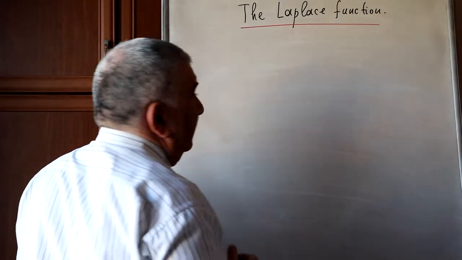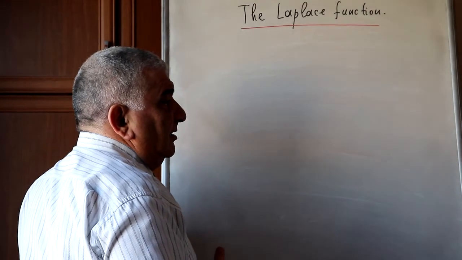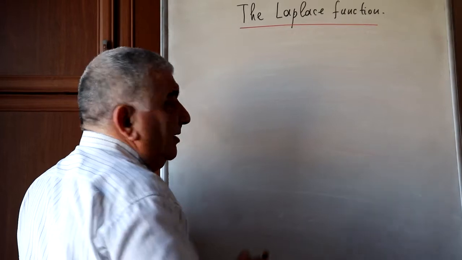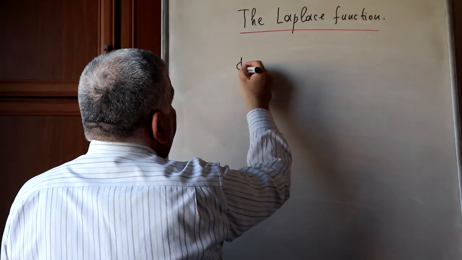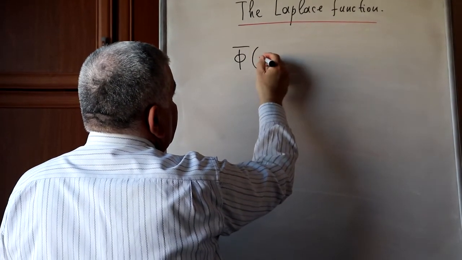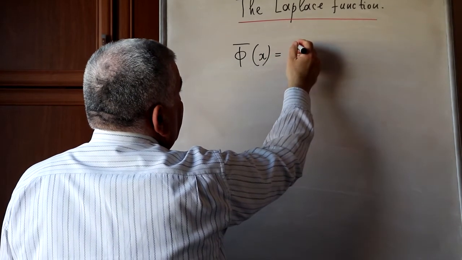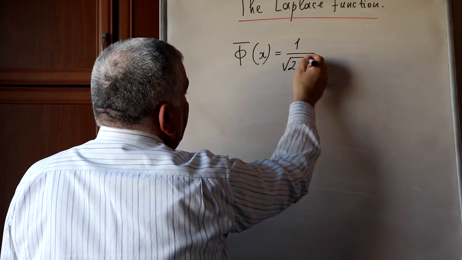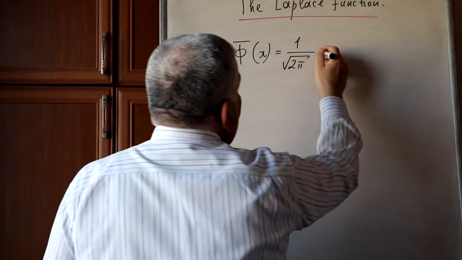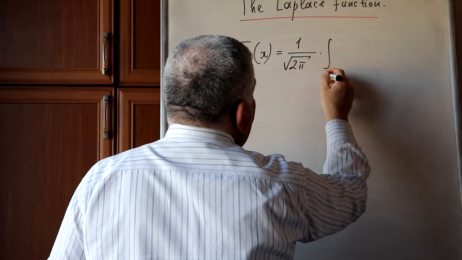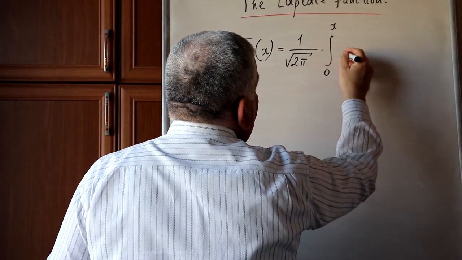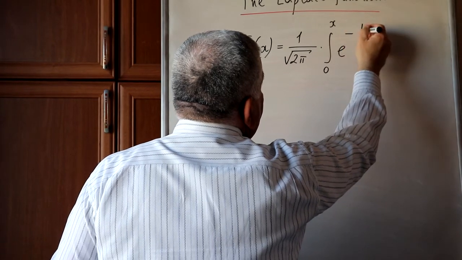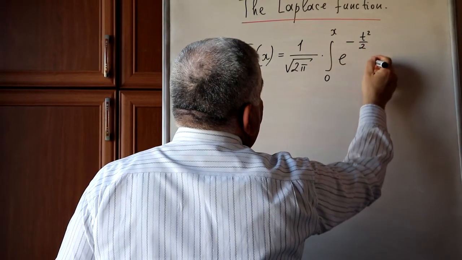Laplace function is denoted as phi capital bar of x is equal to 1 over square root of 2 pi multiplied by integral from 0 to x of e to minus t squared in half dt.